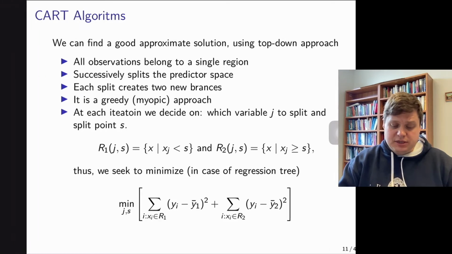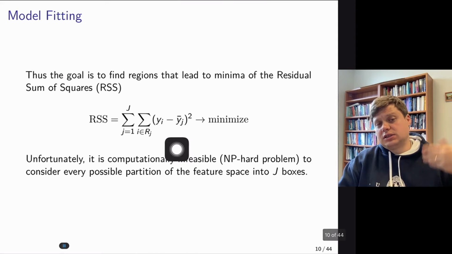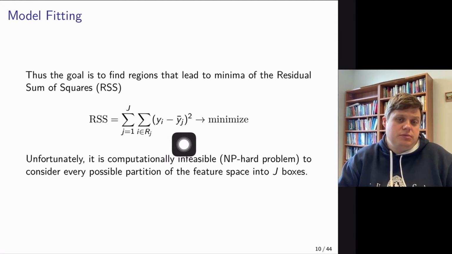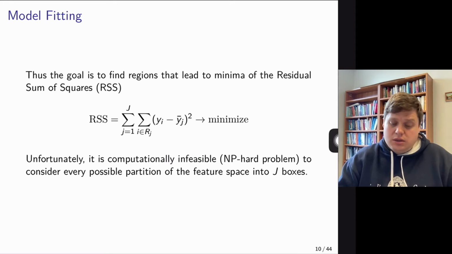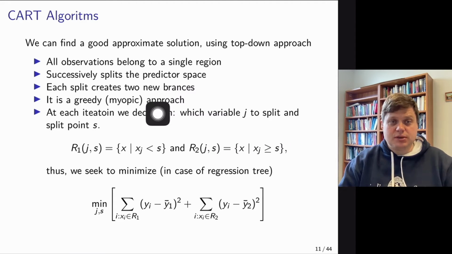Instead of solving this problem, CART finds a good enough approximation to the solution, which was shown in practice to work relatively well. So instead of actually solving the problem, we take this shortcut and just use whatever solutions come out of that.